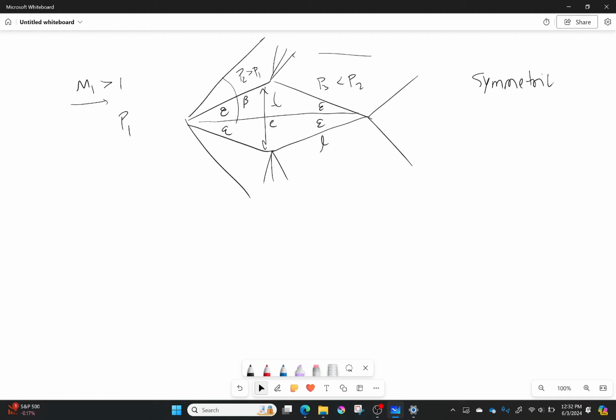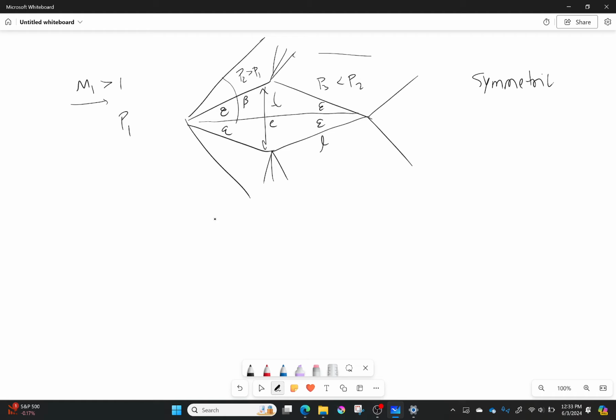Now, if we used a similar process to our flat plate example, we can figure out the drag on this airfoil. Since it says 0 angle of attack right now, there is no lift because it is symmetric, but the drag would be fairly similar.